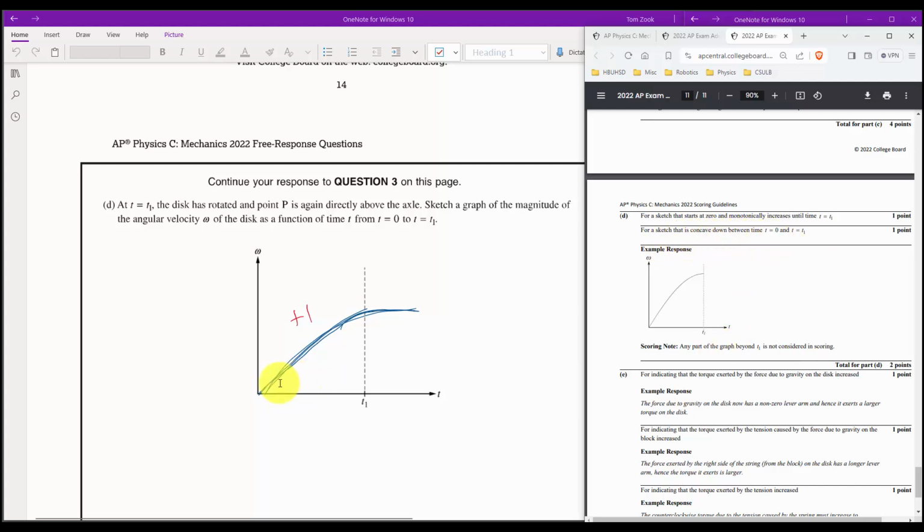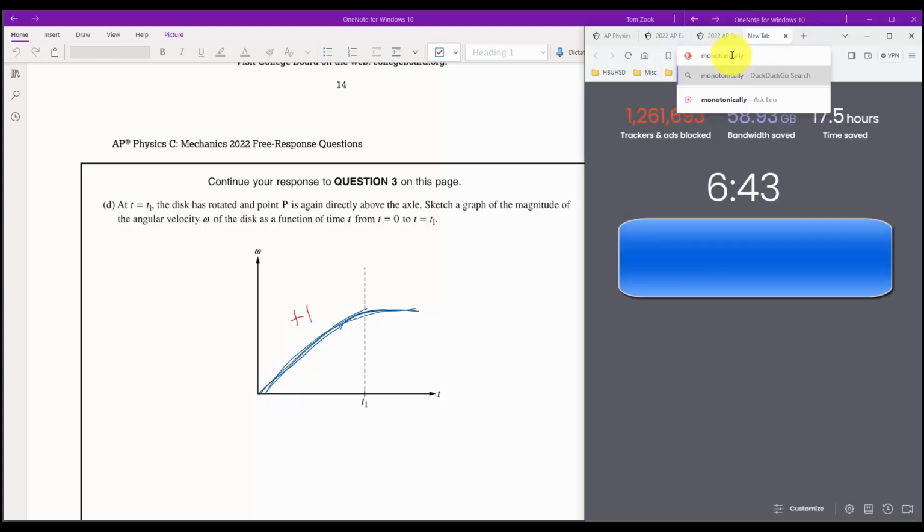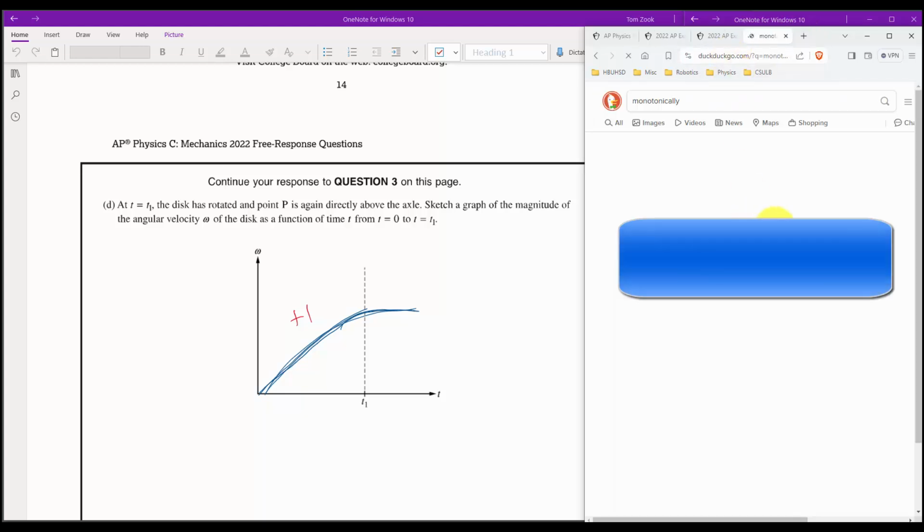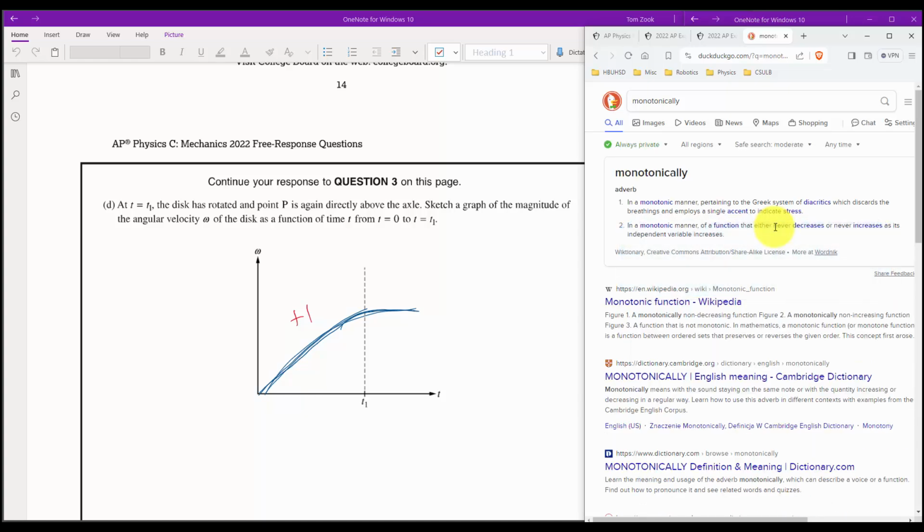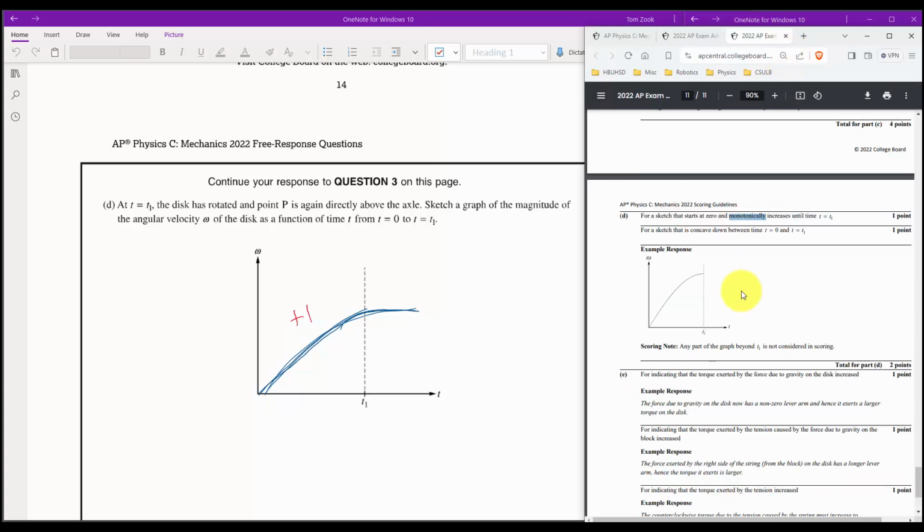Okay, so if you were to do it just as a line, you would not get that last point. Sorry, I'm going to copy that and look it up here. What the heck is that? Monotonic function, non-decreasing function. Okay. All right, back to the problem. So I would give us a point for that.